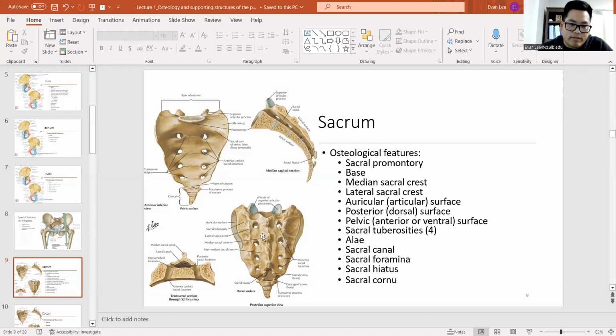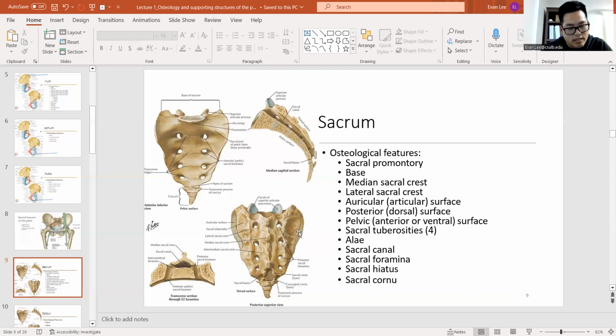Now, something that might sound familiar is that on the sides of the sacrum, there are these surfaces that will allow for articulation. These are going to be called the auricular surfaces. So the auricular surface of the sacrum, you can see on the sides here, and which bone had the auricular surface? One of the coxal bones had an auricular surface. Try and think about that just for a sec.